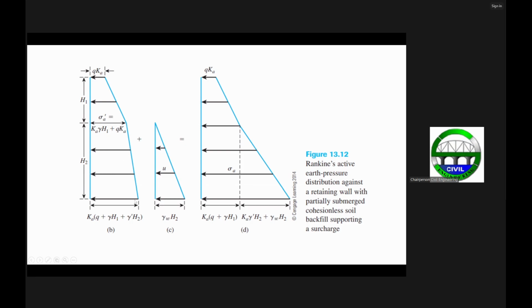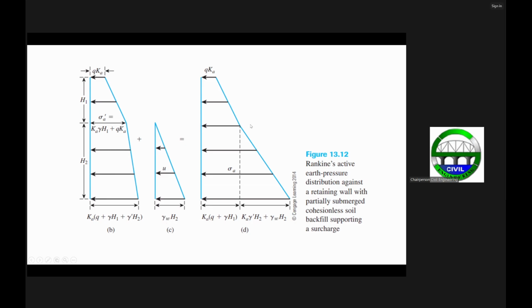So the remaining value here is equal to K sub A times gamma prime H sub 2, where gamma prime is saturated unit weight minus the unit weight of water. And then plus the area of this pressure diagram, which is equal to one half H sub 2 times this pore water pressure, which is equal to the unit weight of water times H sub 2.